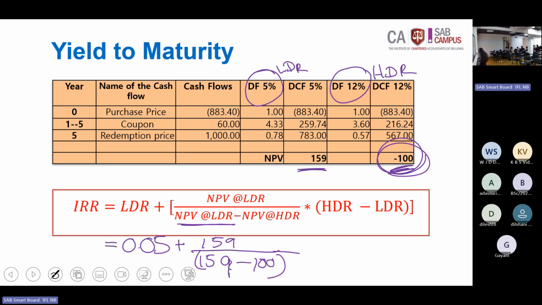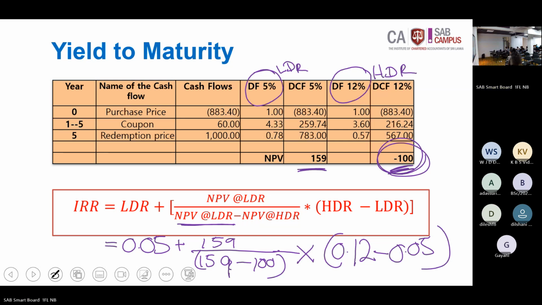Multiplied by the difference between the lowest discount rate and the highest discount rate. Lowest is 0.05, highest is 0.12. First do this part, right? And then add that value to the 0.05. Tell me the answer.